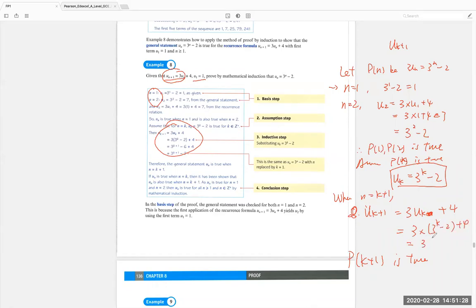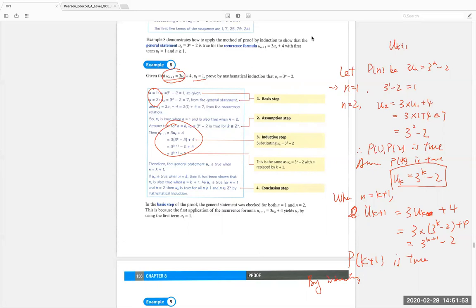And then you can get 3 to the power k plus 1, minus 6 plus 4, that means minus 2. Therefore, you have proven that P(k+1) is true. And then the last step: by induction, P(n) is true for all positive integers. And that's it.